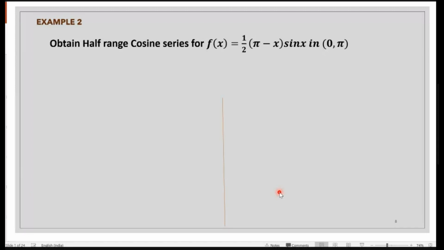F of x is half of pi minus x into sin x. तो यहाँ पे इंटरवल दिया है 0 to pi. तो हमारे फॉर्मूला में 1 upon pi वगैरह आएगा.